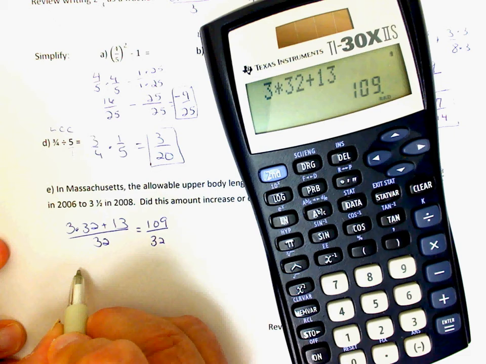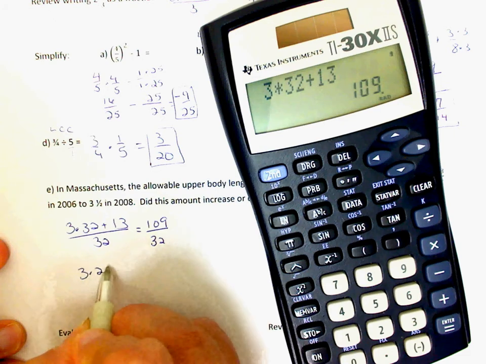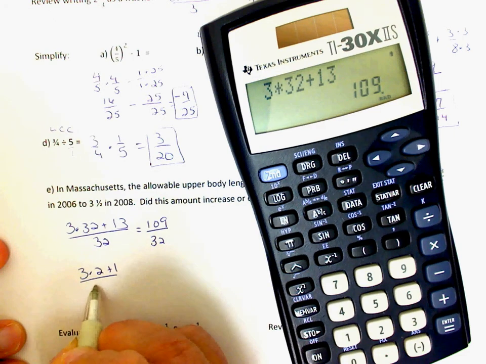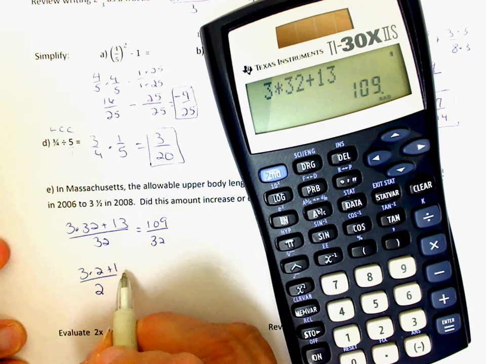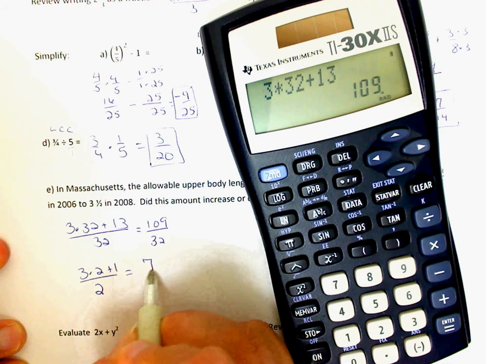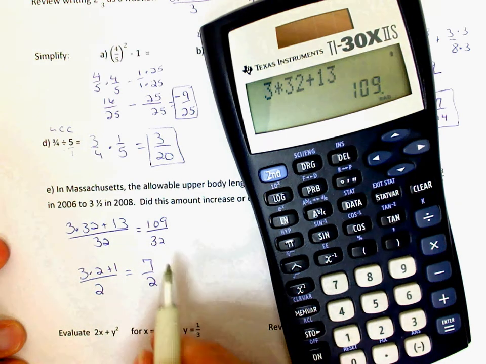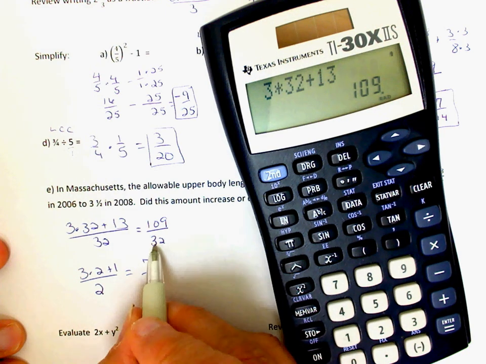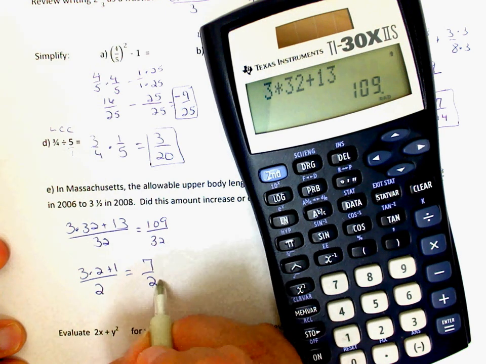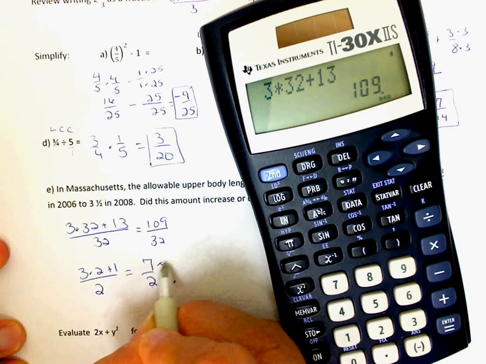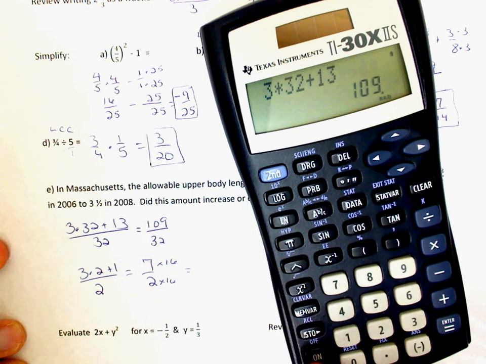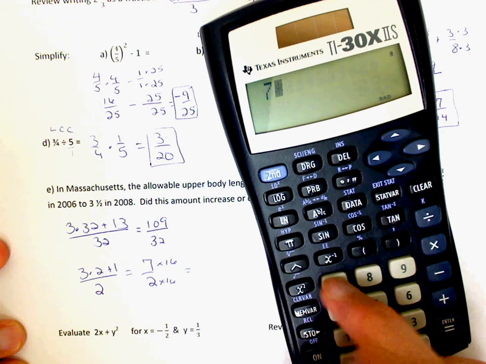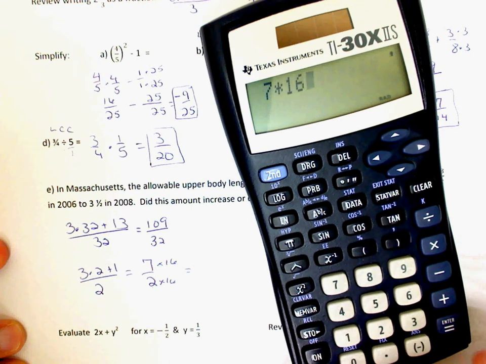Now, what I want to do is change 3.5. So 3 times 2 plus 1 over 2. And that gives us 7 over 2. Now I want them to have the same denominator. 2 times what gets me 32? Well, times 16. So now, on Mr. Goodbuddy calculator, I'm going to take 7 times 16, and I get 112.